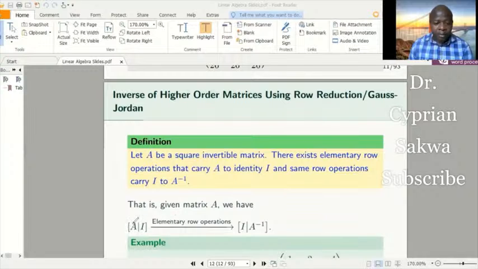So we'll be carrying out elementary row operations and ensure that we make this matrix A become the identity matrix. And those same elementary row operations are performed on the identity matrix and they will carry it to the inverse of A.